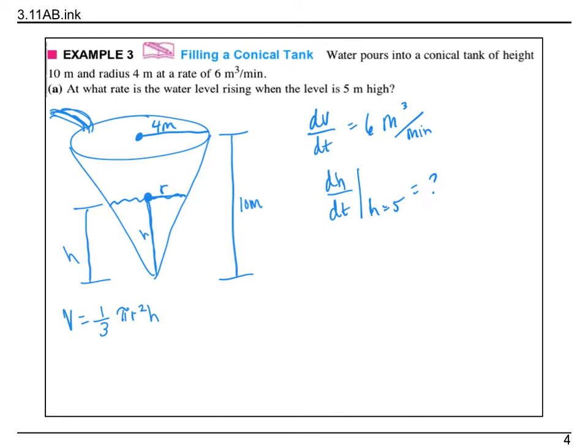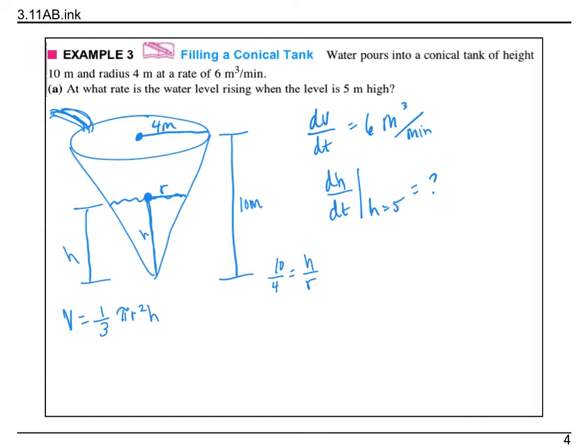So, using our drawing, we need to come up with a ratio. We have similar triangles essentially in here. So we can come up with a ratio in order to solve for r in terms of h. So we can say 10 is to 4 as h is to r, or whatever way you want to look at that. Ultimately, I need to isolate r.